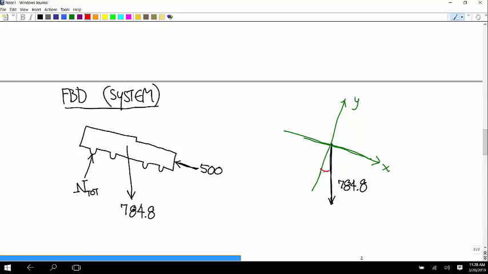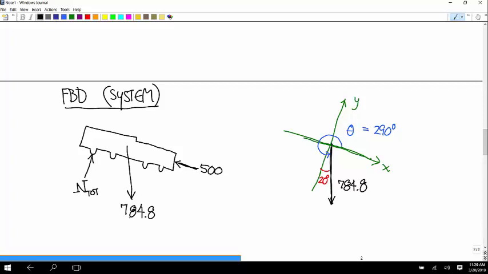You have 270 plus 20, so 290. Exactly. So this angle is 20. That's what I was asking first. And then what's important is the angle going from the positive x-axis counterclockwise to this vector. And you're exactly right. Theta is equal to 290. You could also do it as negative 70, and it would all work out the same.